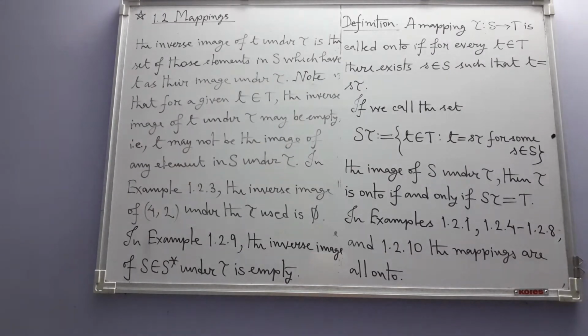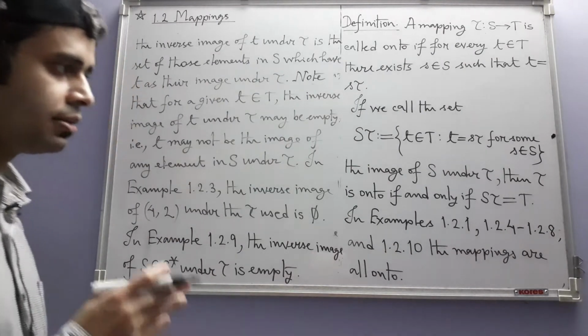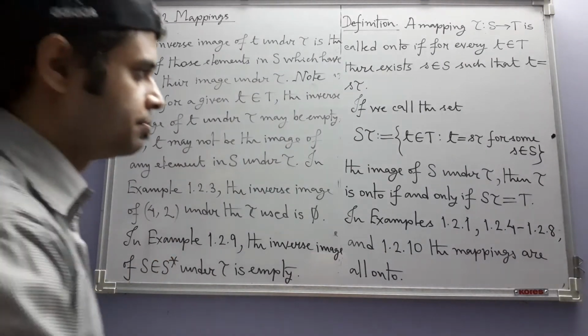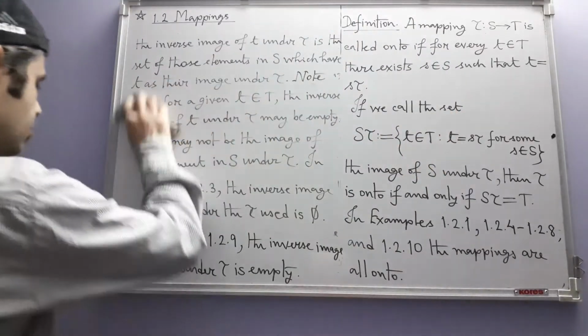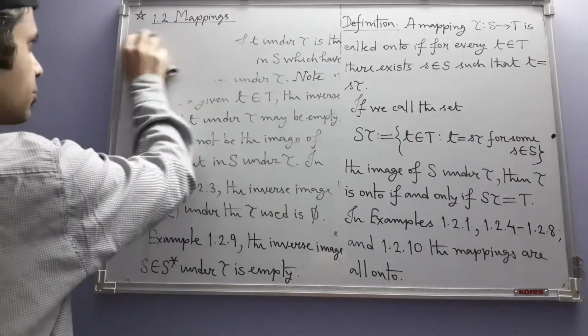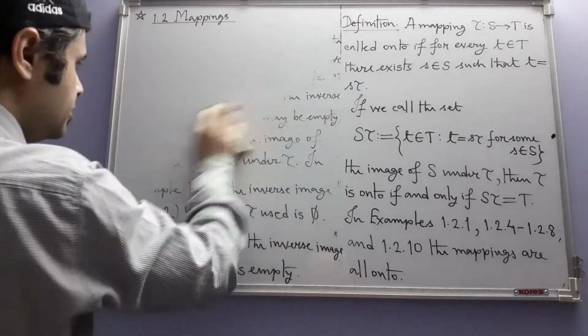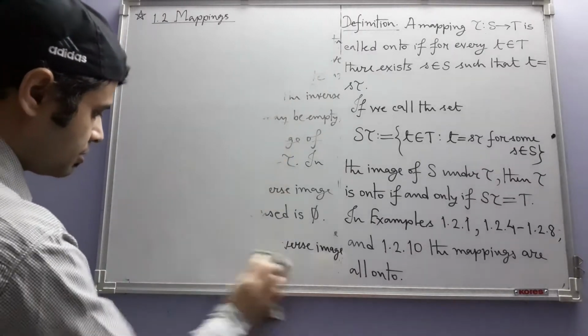Okay, you can go to those examples and verify that the mappings are onto. The next definition is, of course, the injective or one-to-one mappings.